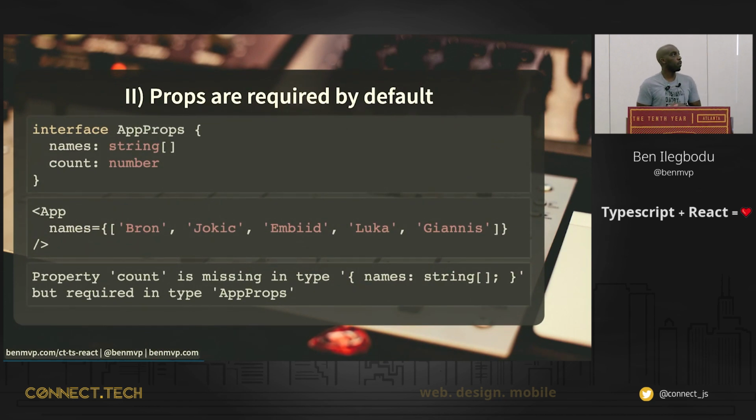When you look at React PropTypes, they're optional by default. So you do PropTypes.string, and it's optional. You can add isRequired, but we all know that doesn't always happen, right? But if you look at the code, you can see that it's definitely required.